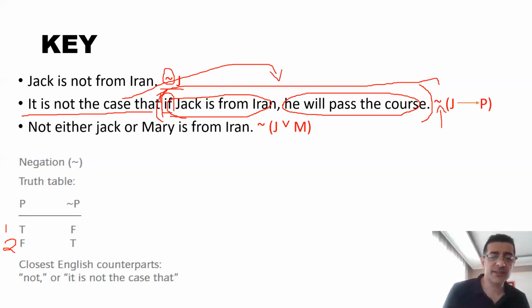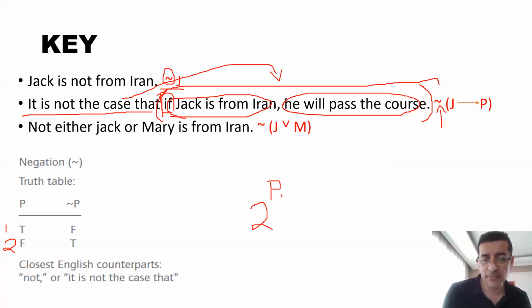What does this mean? It means if we have 2 propositions, then we will have 4 rows. If we have 3 propositions, then we'll have 8 rows. And to understand this better, that would be 2 to the power of the number of propositions.